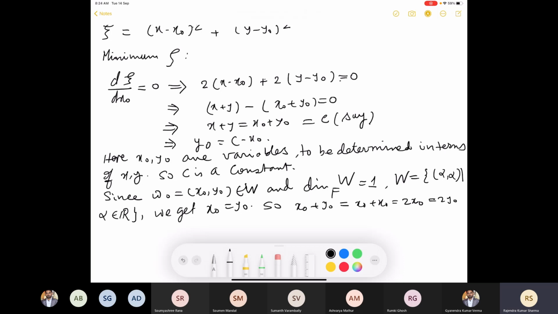So this implies that twice x naught is c, so X naught plus y naught is c.